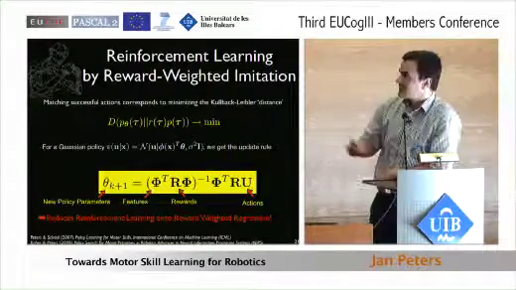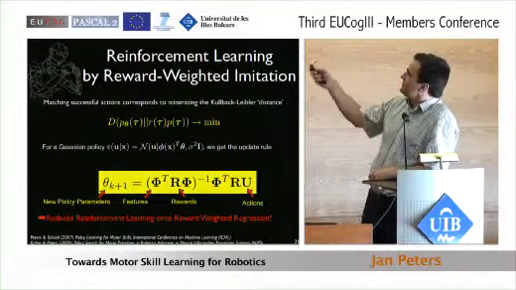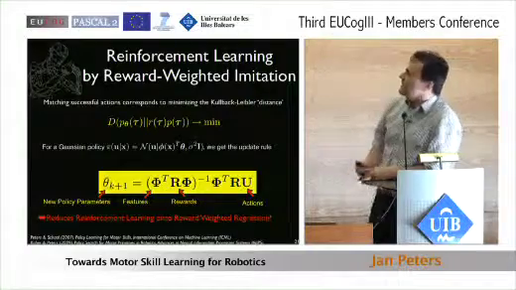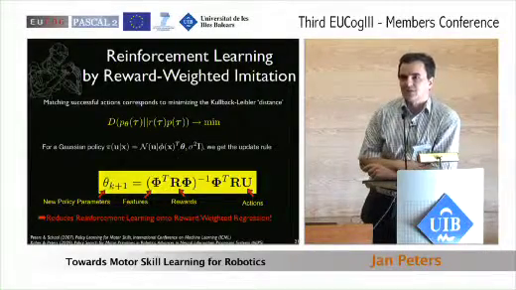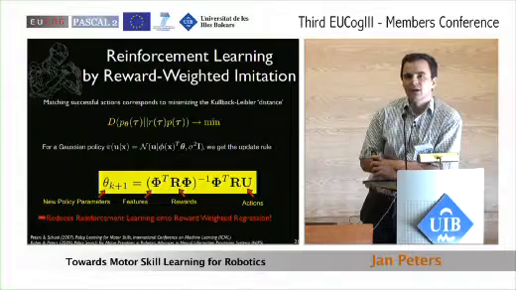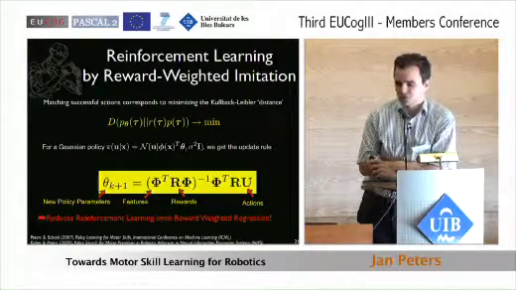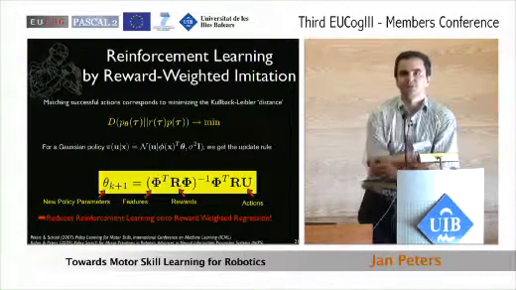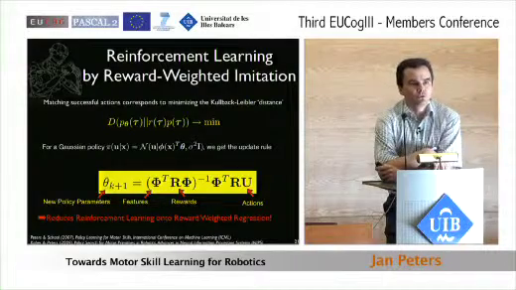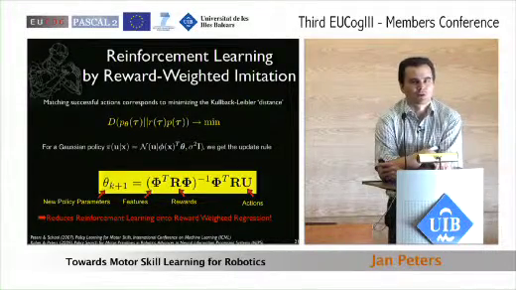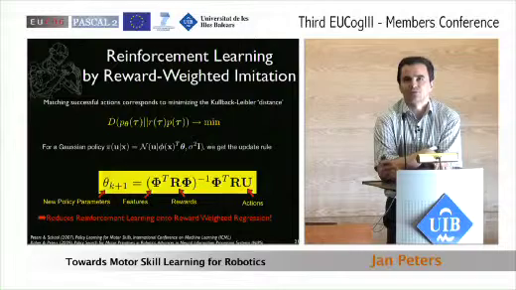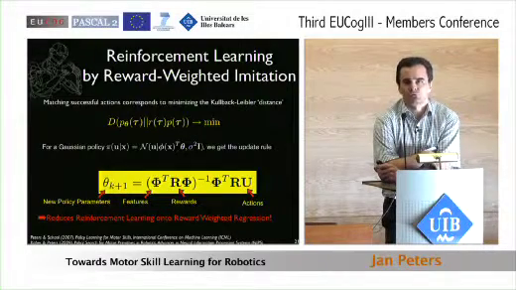Because what you get here is that we get the new policy parameters by simply taking the actions, reweighting them with the rewards, and projecting them onto the features of our policies. So that means we have reduced the whole problem of reinforcement learning onto a much, much simpler problem of reward-weighted regression.